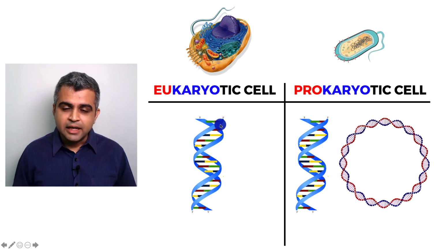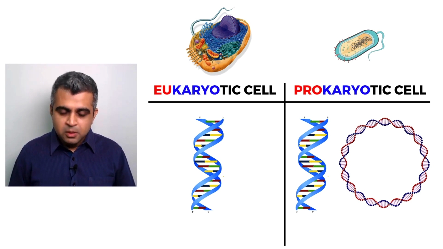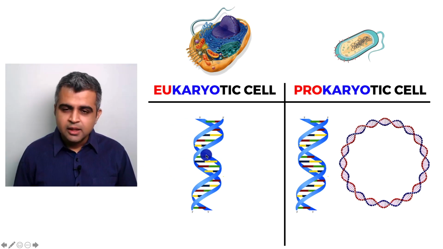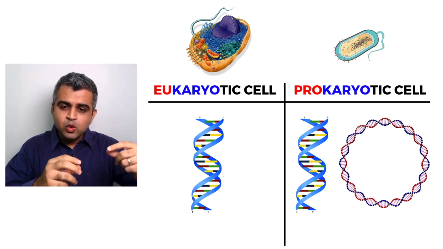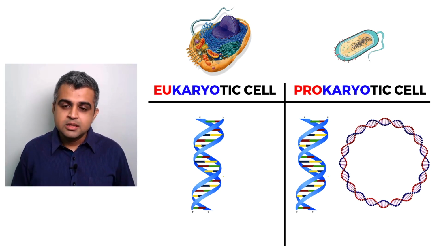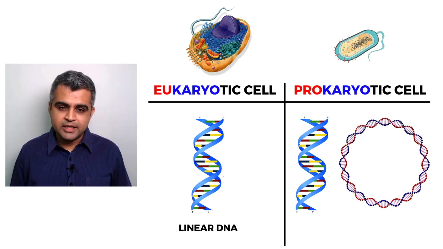And you can find the two ends of the DNA. Meaning that this DNA, which will be inside this nucleus, might be very long, it might be coiled, etc., but you will be able to see that there are two ends. It starts somewhere and ends somewhere. Such DNA is called linear DNA. Eukaryotic cells have linear DNA.